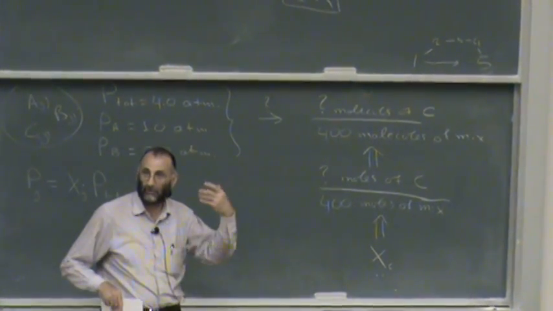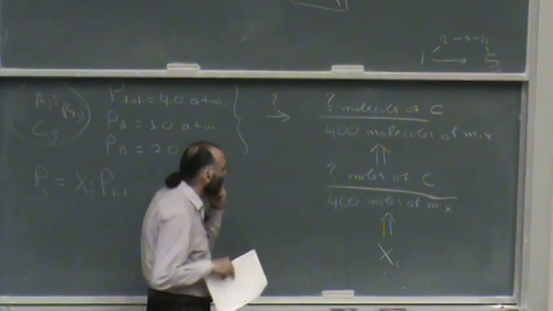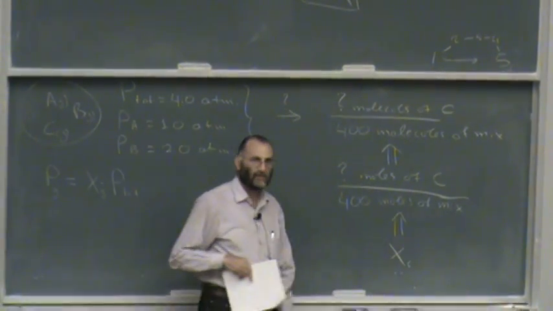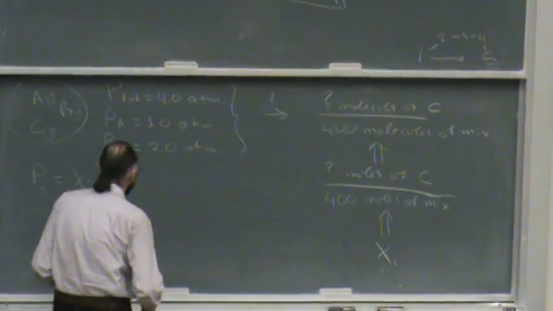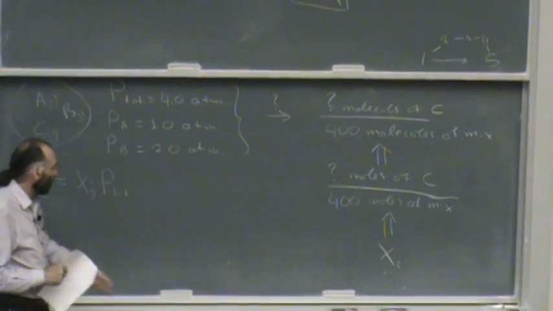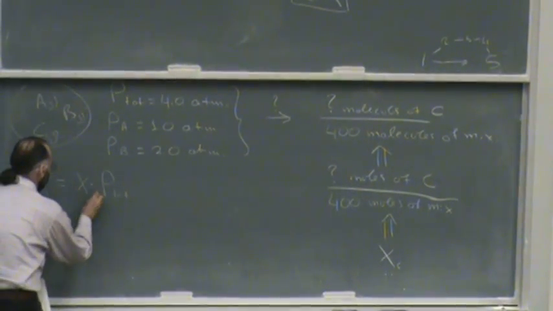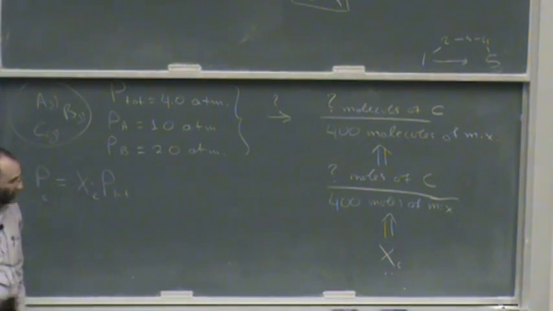Right? Yeah, you follow me? How many people are following me? Raise your hands. Okay. So then I am thinking, how am I going to find the mole fraction of C? Okay, let's see. Well, for the mole fraction of C, I have partial pressures. So the mole fraction of C will relate to its partial pressure and P total, P mixture. Right?